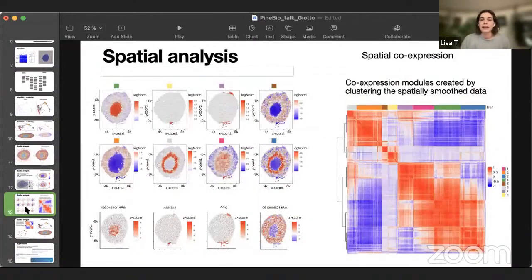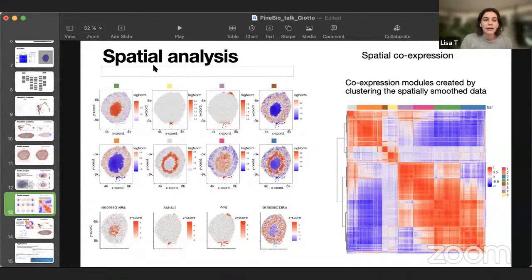Also, the next thing is spatial co-expression. This allows us to identify metagenes, groups of genes that share the same patterns of expression. For example, for this data set, 8 metagenes were identified, and here we can see the correlation between these 8 metagenes.